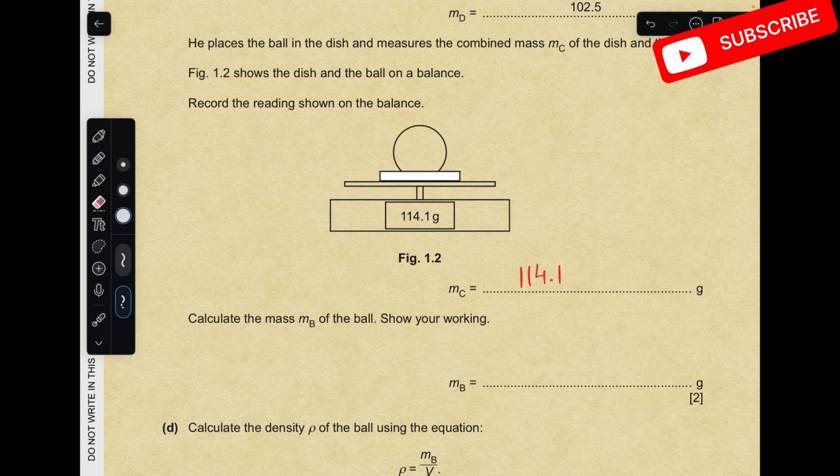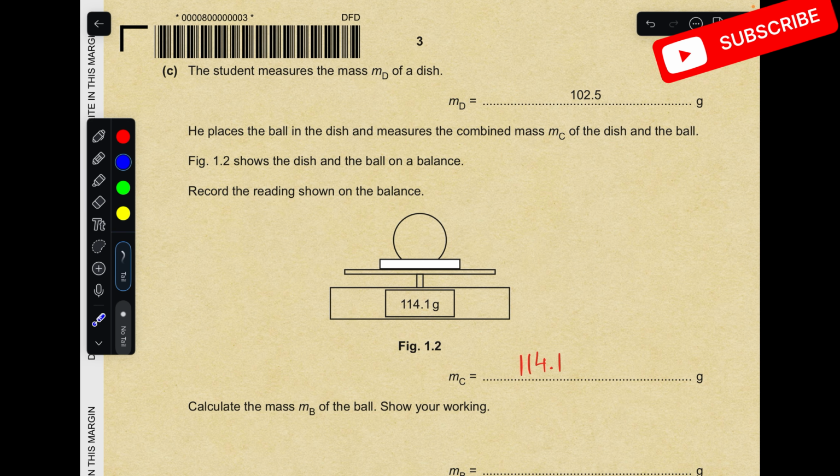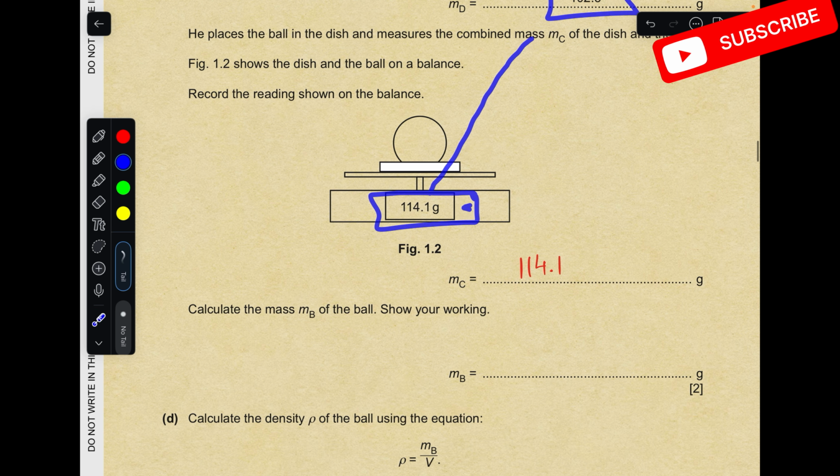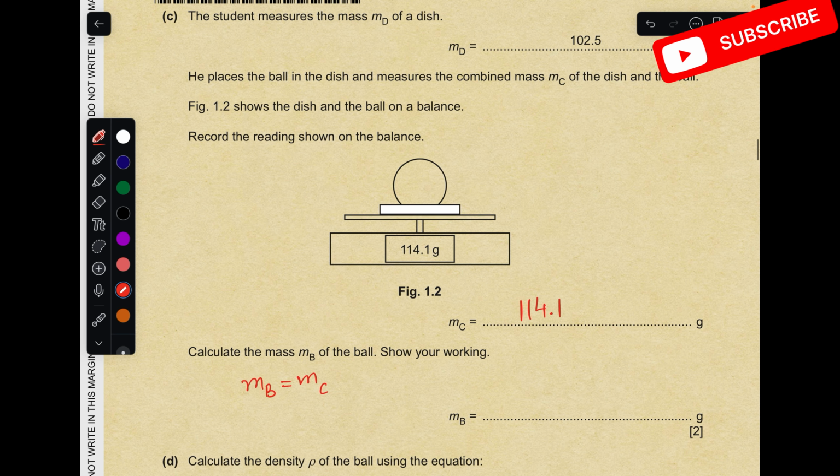Calculate the mass MB of the ball shown. Show your working. What they are telling you is that this is the mass of the dish, and this is the mass of the dish and the ball. If you subtract them, you will get the mass of the ball. So the mass of the ball, MB, is basically MC, the dish and ball combined, minus MD.